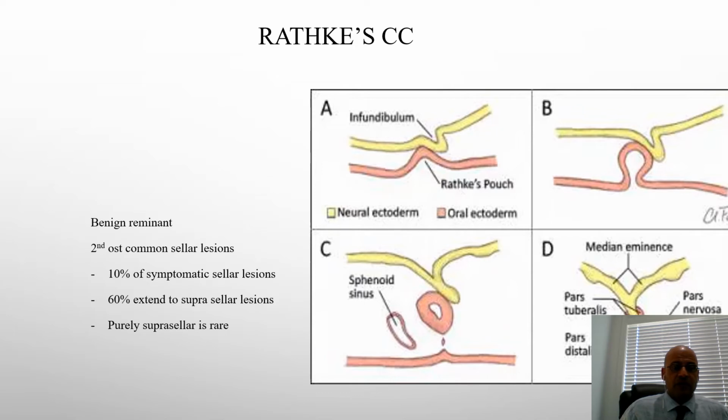But to have a merely suprasellar cyst with normal pituitary sella and no intrasellar representation of the cyst is very rare. And if that would be the case, then this is more likely to be craniopharyngioma, which can present as a pure suprasellar lesion. So that can help you in the differential between Rathke's and craniopharyngiomas.